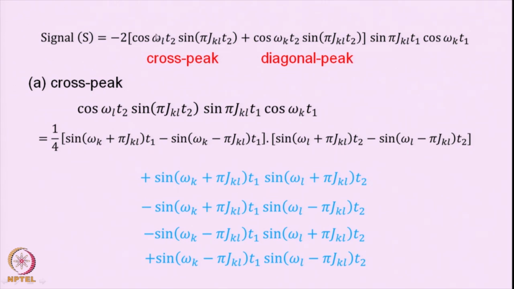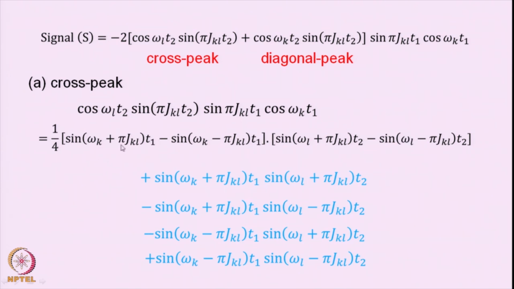For the cross peak I take this and this product, and that is written here: cosine omega L T2 sin pi j k L T2 sin pi j k L T1 cosine omega k T1. Therefore, the T1 part can be split into 2 as indicated here. This is the sum of 2 sine terms. Similarly, this T2 dependent part is also a sum of 2 sine terms.